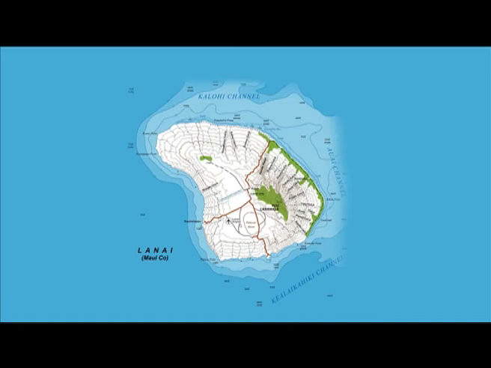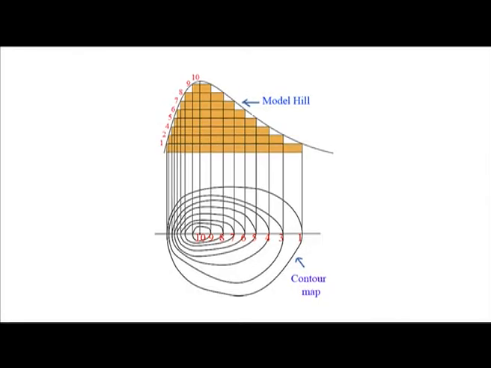Figure shows a contour map of an island. To get a clear idea, consider the model hill and its contour map shown in the figure. Measurements are made in hundreds of feet. The contour map is constructed by passing planes of constant elevation through the hill, projecting the resulting contours onto a flat surface and labeling the contours with their elevations.